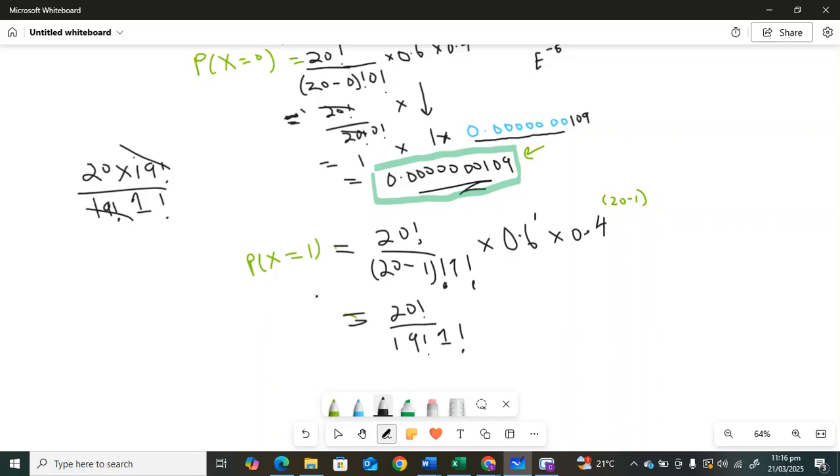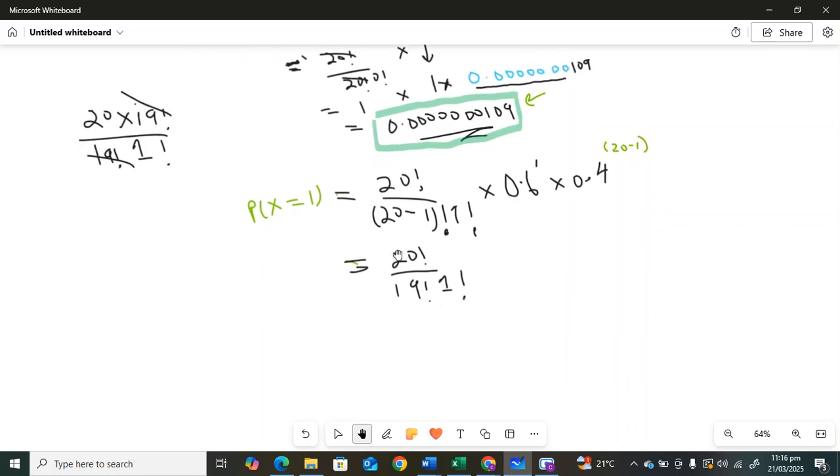You just look at your denominator and end where the denominator ends. So 20 factorial divided by 19 factorial, 1 factorial, you get 20.